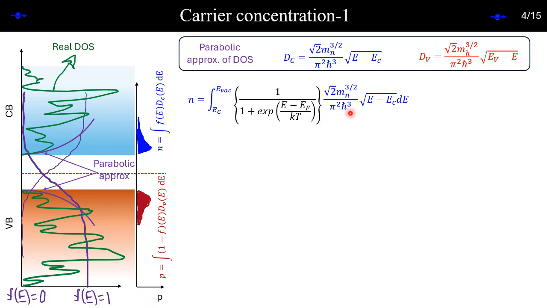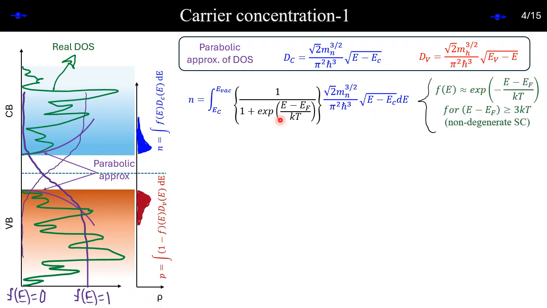Then E minus EC I can consider as a constant. What I mean is the following. In the Fermi-Dirac statistics, I just get rid of this 1, and this is possible if E minus EF is more than 3 kT. This is called non-degenerate.